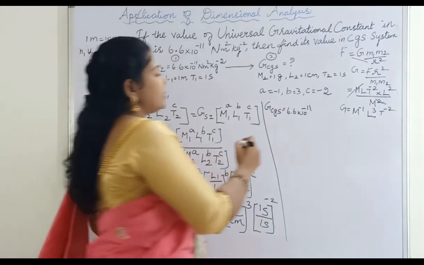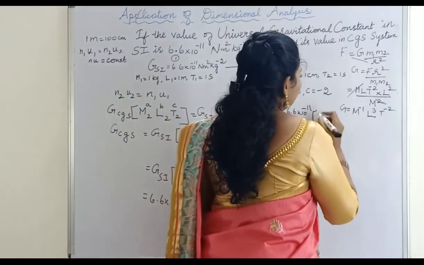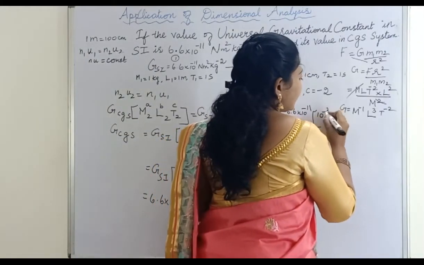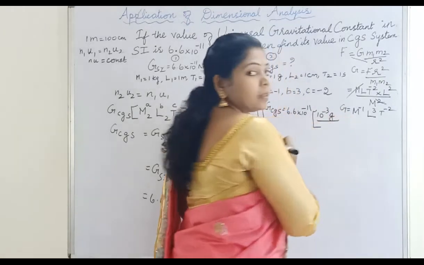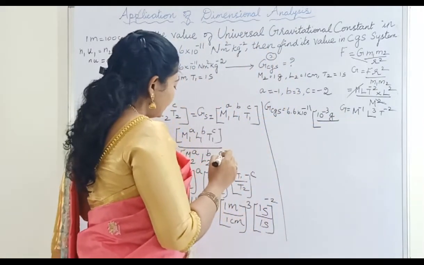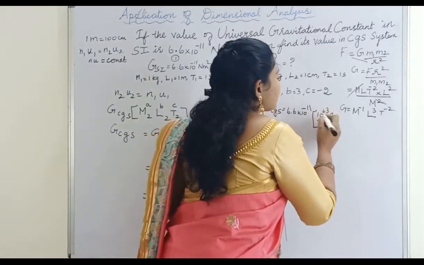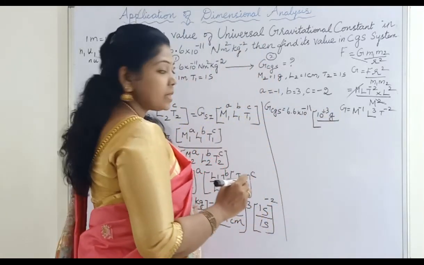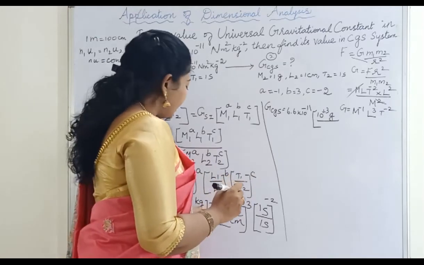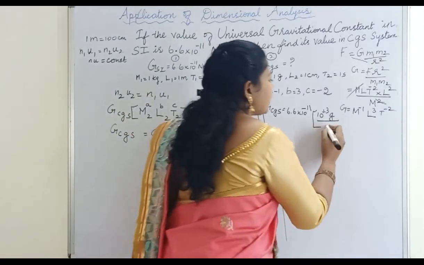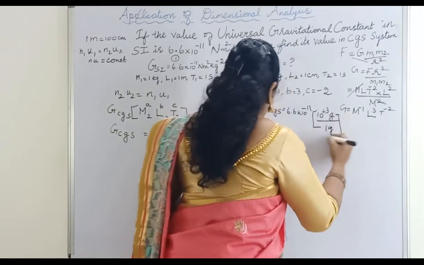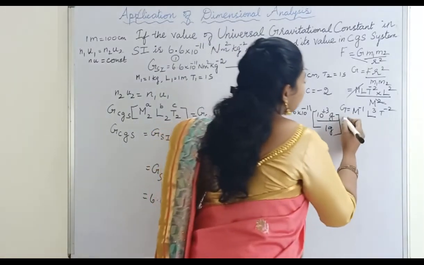Here I can write, instead of 1 kg, it is 10 power 3 grams. Okay. 1 kilogram is equal to 10 power 3 grams. So instead of 1 kg, it is 10 power 3 grams by 1 gram, the whole power minus 1.